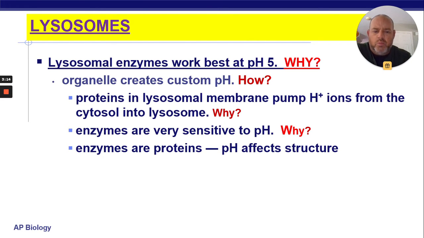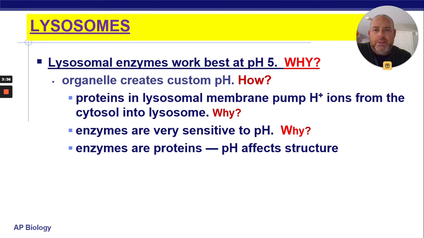It's also good to have them work at a different pH. If they were to somehow get out into the cytoplasm, then you might have a conformational change based on the pH, and they wouldn't digest the cell if you didn't want it to be digested. That could be a problem. If they escaped and they worked, they could be digesting lots of things that we still need.